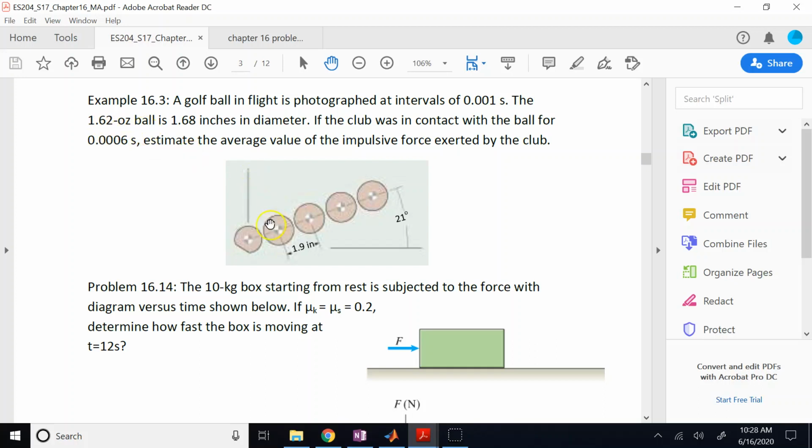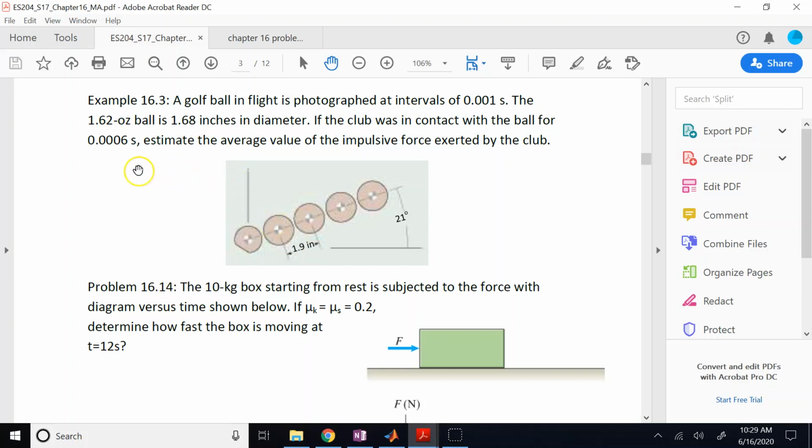And then you have a ball which is 1.62 ounces and 1.68 inches in diameter. You hit it with a club. So initially the ball is stationary. When you hit it, it starts flying in the air, and your camera keeps taking frames. If you look at that, you see a picture like this, where the ball is traveling at an angle of 21 degrees with respect to the x-axis, and the distance traveled between each two frames by the ball is 1.9 inches.